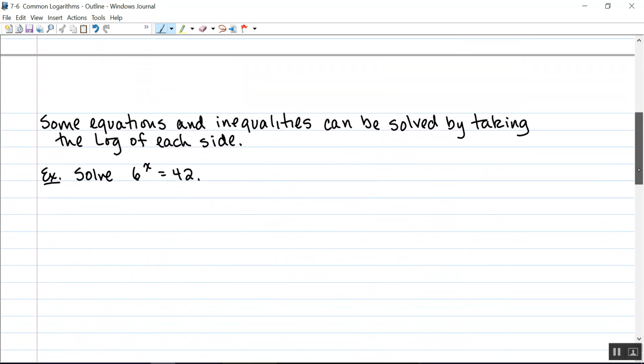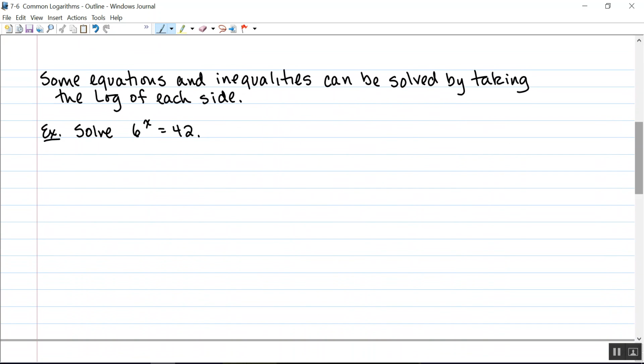Some equations and inequalities can be solved by taking the log of each side. So for example, solve 6 to the x equals 42. Now I have no idea what power I would have to raise 6 to get it to be 42, but I can use logarithms to do this.